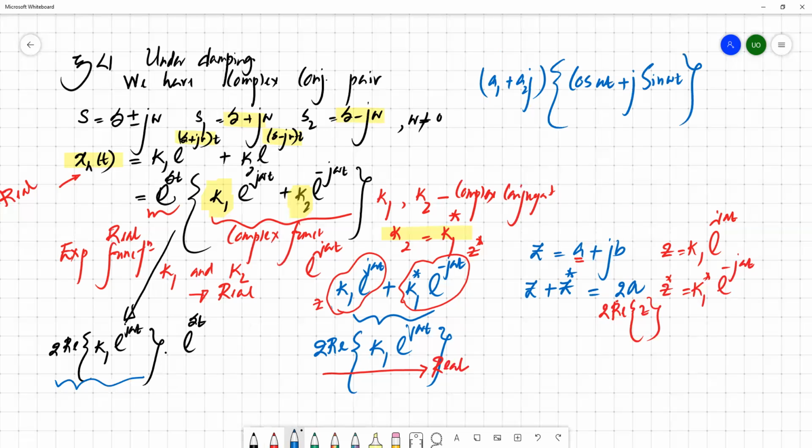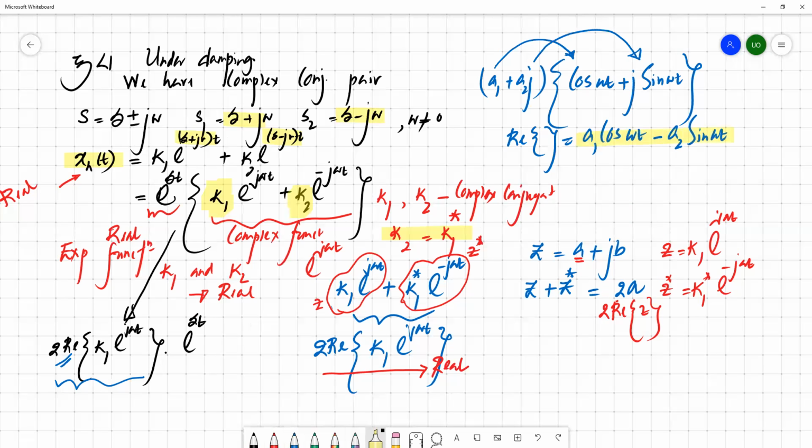If you cross multiply these terms, you get a real component a1 cos omega t, and the other two terms represent the imaginary part of this product. We need the real component.